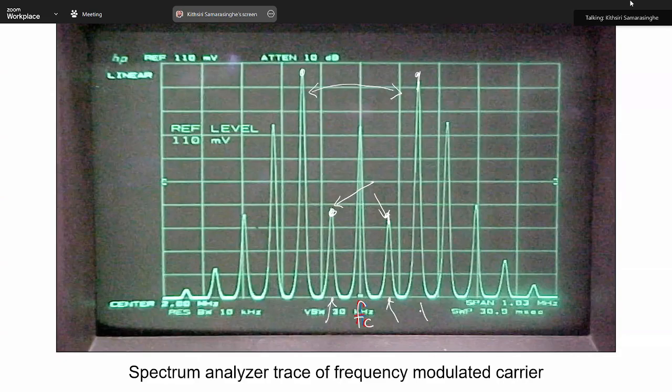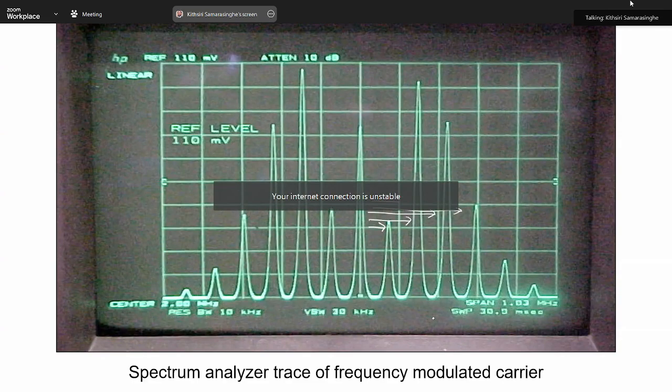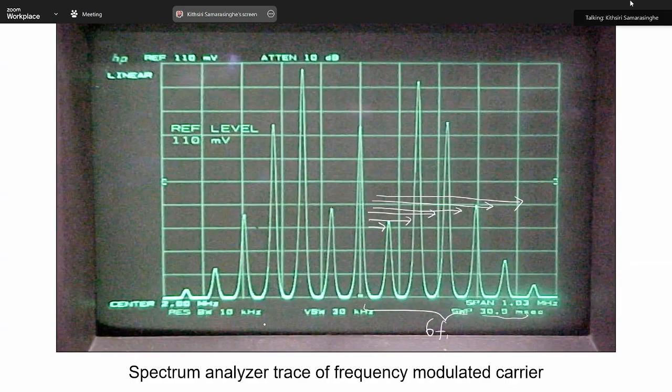So this will be Fc plus 2 delta F and Fc minus 2 delta F. Then 2 Fm, 3 Fm, 4 Fm, 5 Fm and 6 Fm. From here to there, it's 6 times modulating signal frequency. Here also, it's 6 times modulating signal frequency. So very wide bandwidth, isn't it?